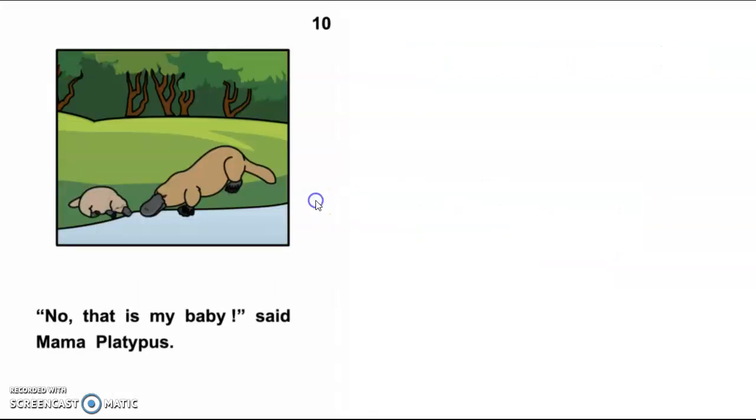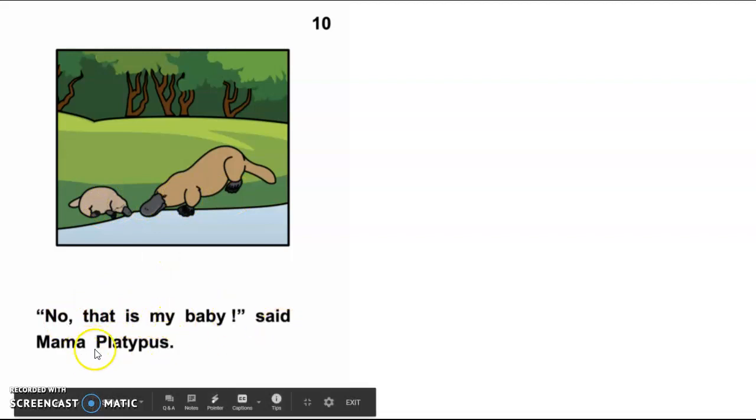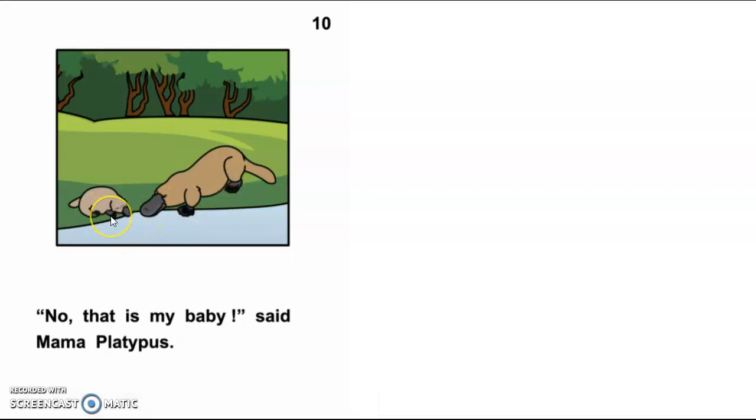Yes, that's a baby platypus. "No, that is my baby," said Mama Platypus. See, they're the same. They have 4 legs and a tail.